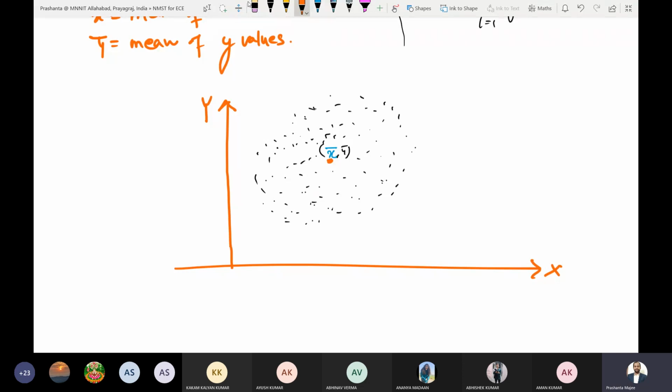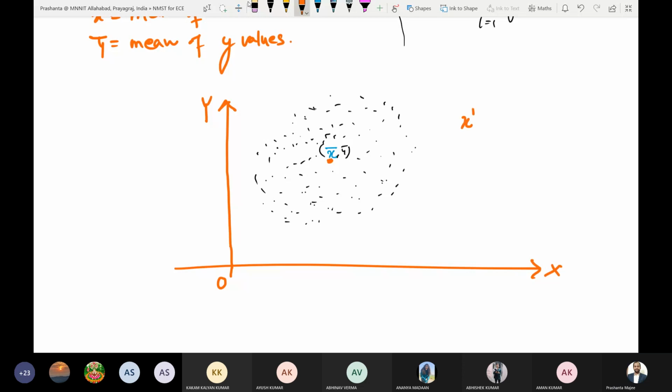What you do, you use some translation. So what will be the translation? That origin will be shifted to this point x bar, y bar. Right now this is the origin. How can we shift the origin to that point x bar, y bar? What will be the translation formula?